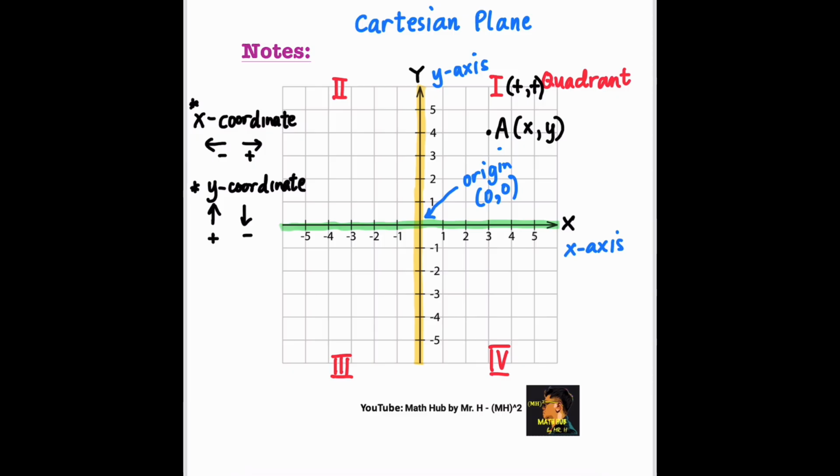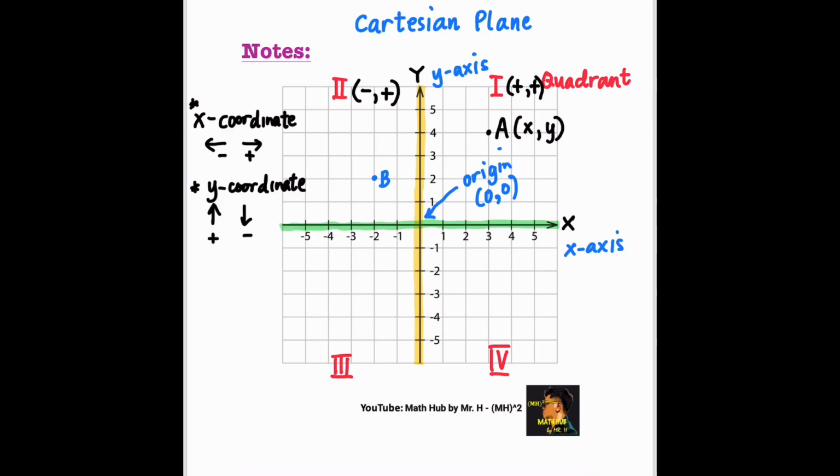Alright, now if I put a point in quadrant 2, so point B, since point B is in quadrant 2, definitely the x-coordinate will be negative and the y-coordinate will be positive.